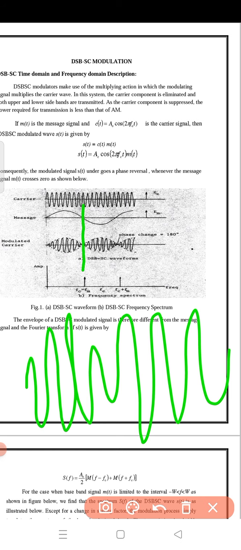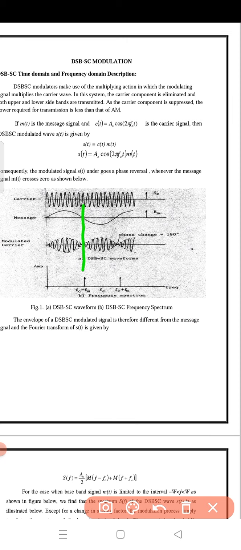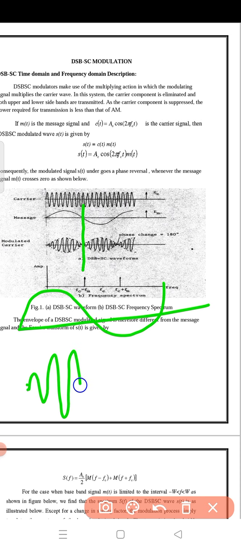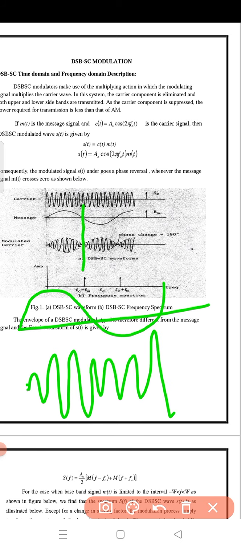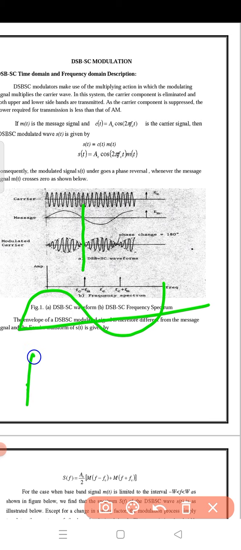But in DSBSC, when the message signal crosses the zero line, the waveform reverses. How?